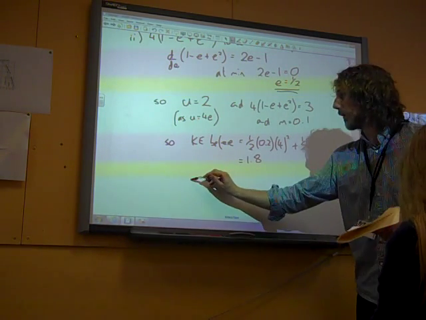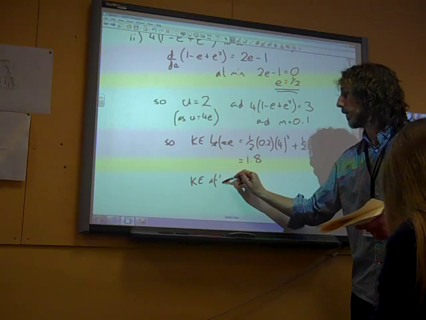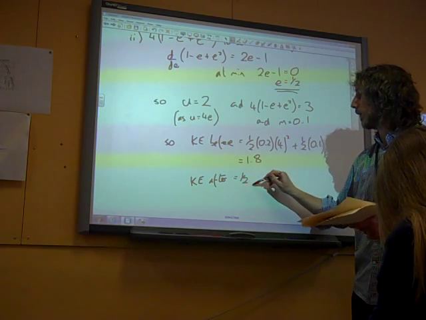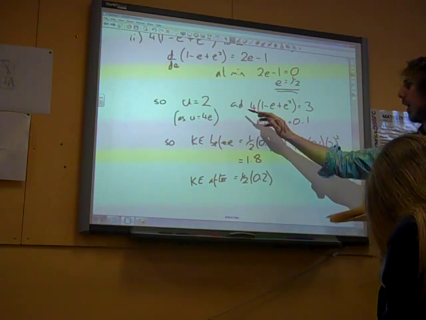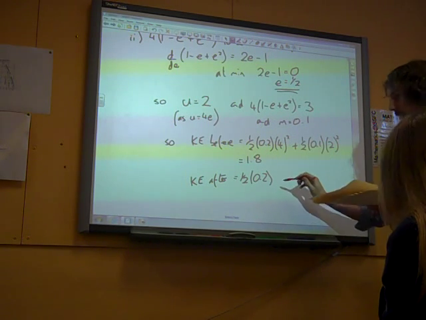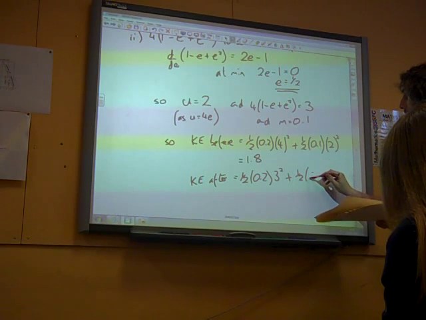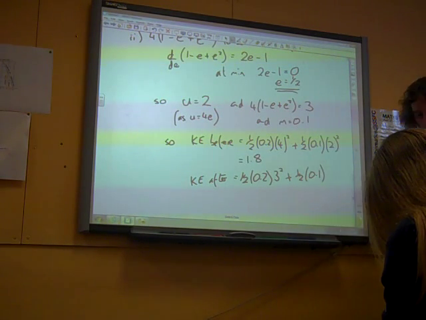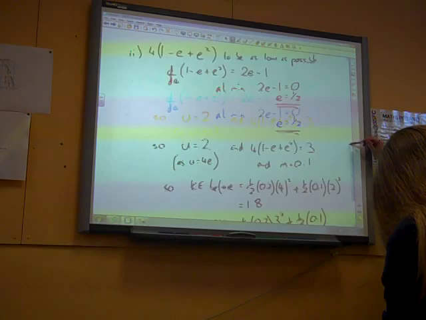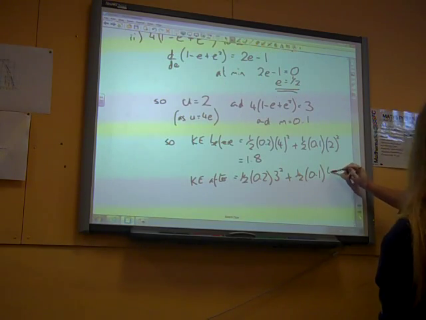The kinetic energy after is a half m, and I've got it as being 3, haven't I? So that's 3 squared, plus a half times m, which is 0.1, times 4 squared. I was told it was 4 afterwards.